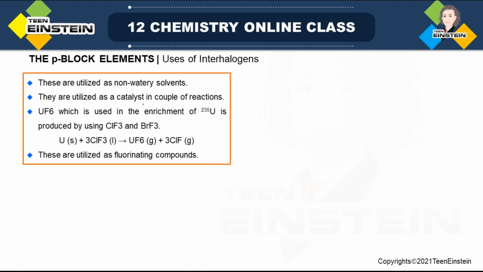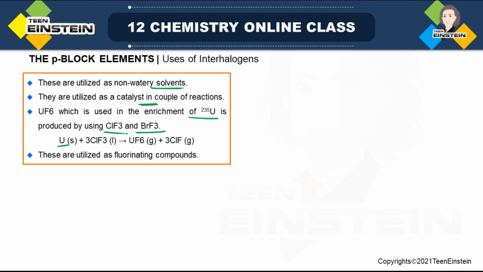Uses of interhalogens. These are utilized as non-aqueous solvent. So suppose you need any solvent which must be non-aqueous, it can be used as solvent. Obviously those interhalogens that are liquid. They can be utilized as catalyst in some reactions. UF6, which is used in the enrichment of uranium-235, is produced by using these interhalogens.